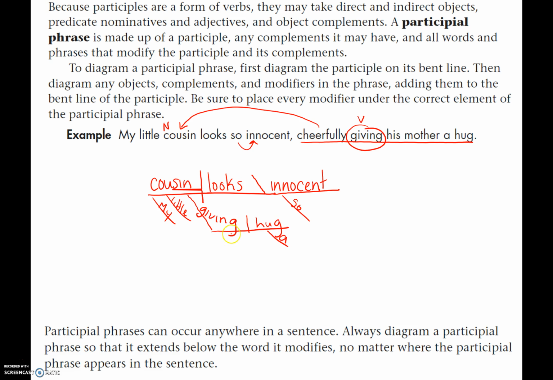Mother is the indirect object who's receiving the hug, so it's going to go on a line underneath giving. His goes underneath mother because it's an adjective. And then cheerfully is telling us how the giving is happening, which means it's an adverb. So I'm going to put it underneath giving.